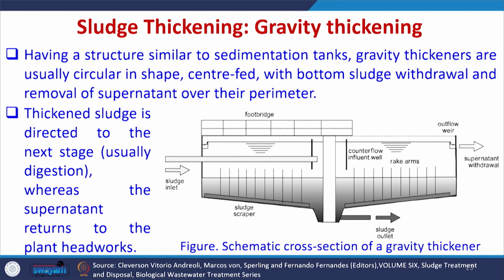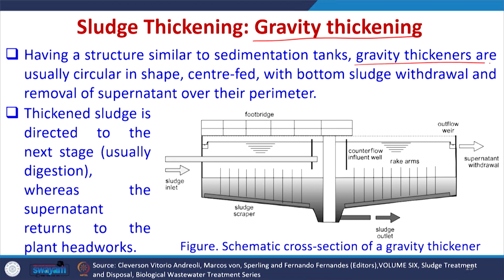Now, let us study sludge thickening via gravity thickening, because this is a process which is followed a lot in wastewater treatment plants, in particular where sludge management is happening. It has a structure similar to a sedimentation tank.